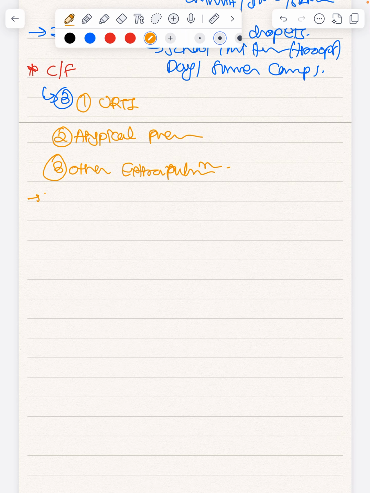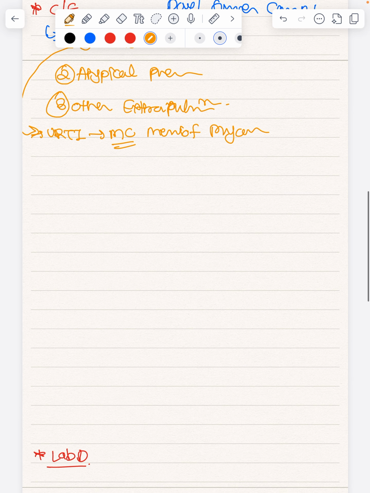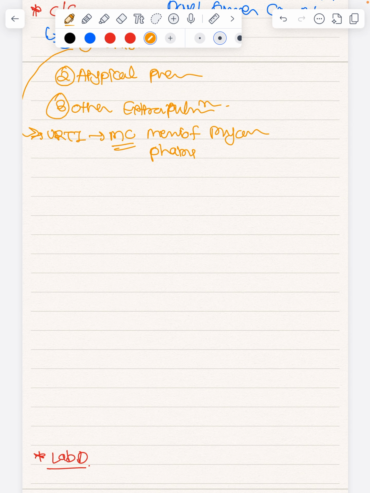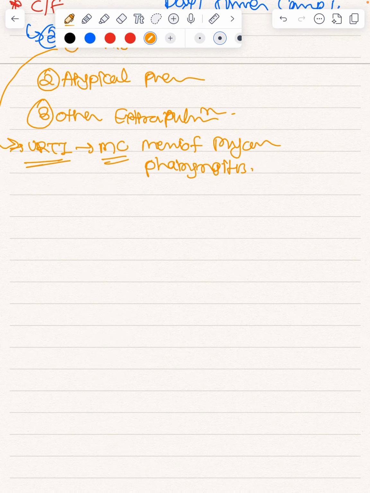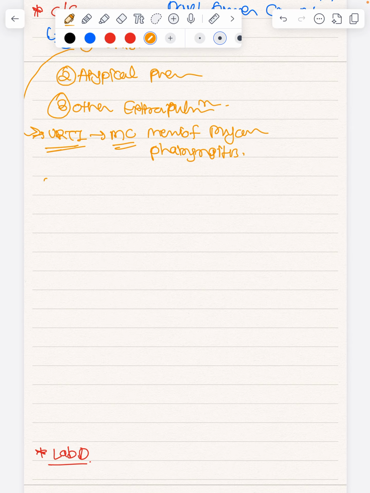First of all, URTI, including pharyngitis, is the most common manifestation of Mycoplasma pneumoniae. The second was atypical pneumonia.